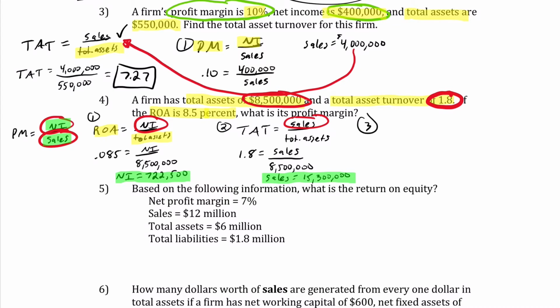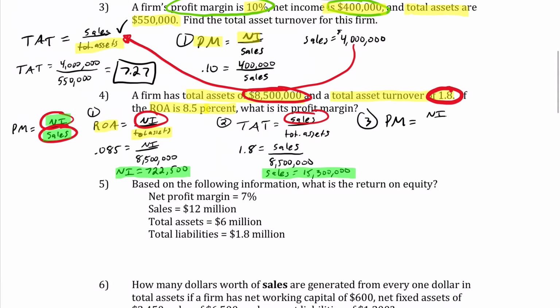So step 3 is to take this information into our profit margin equation: profit margin is equal to net income over sales. Net income, which we solved for first, is 722,500 divided by sales of 15,300,000.